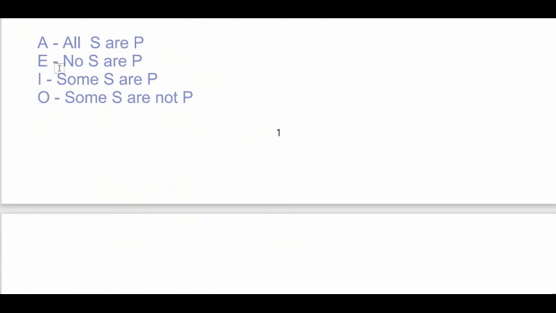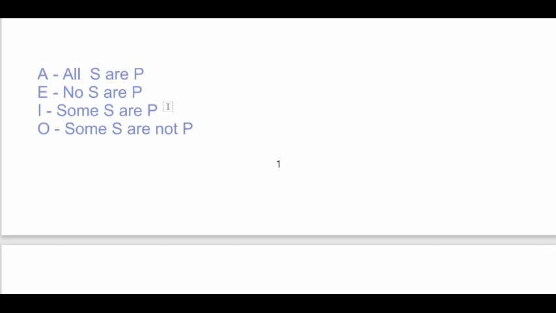All S are P, no S are P, some S are P, and some S are not P. We know that the first one is universal affirmative, the second one is universal negative, the third one is particular affirmative, and the fourth one is particular negative.